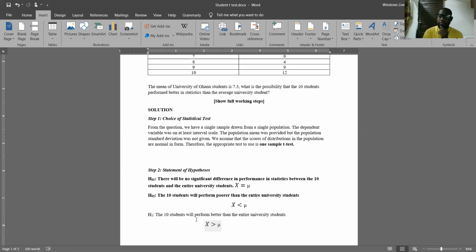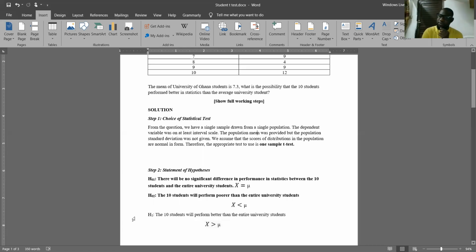So we know the 10 students are what? The sample. So our symbol for the 10 students will be the sample mean. Then the entire university students are the population, so we need to use the population mean to represent the entire student body.